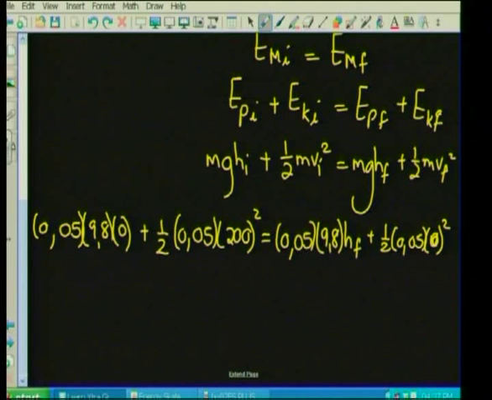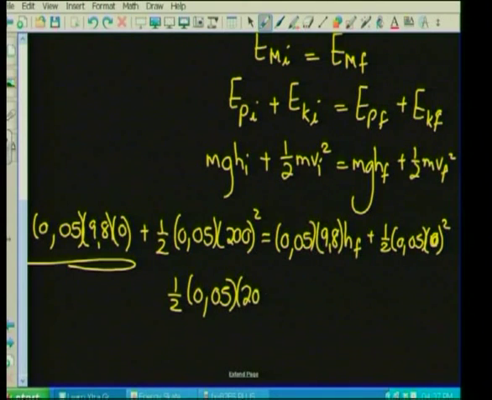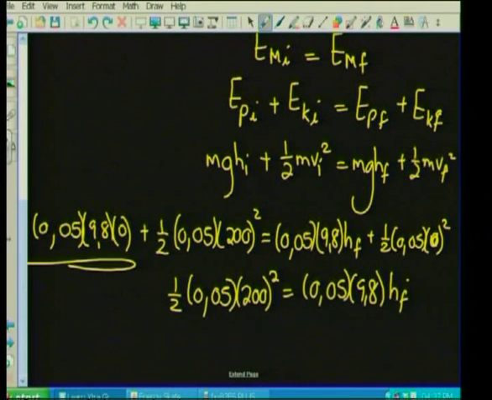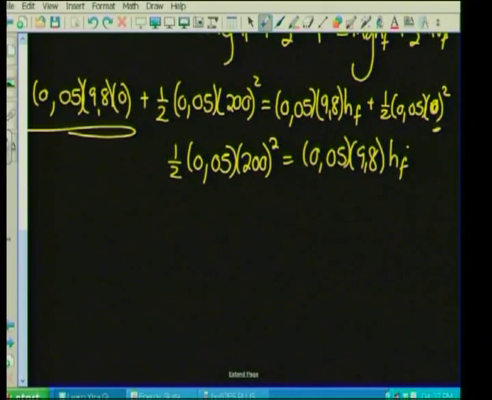My first one, because I'm going to times by 0, that's going to give me an answer of 0, so I can actually ignore it, which means in my next line I can say that I have a half times 0.05 times 200 squared is equal to 0.05 times 9.8 times HF plus 0, because this last one's also going to be 0. You guys okay with that? So let's actually work that out.